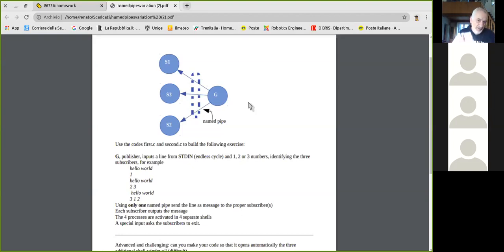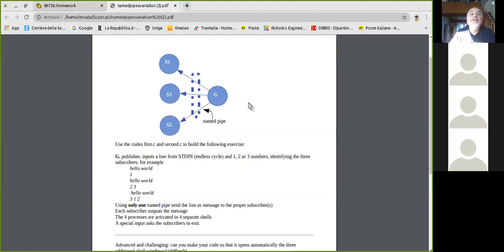In this simple case, probably the straightest way is just to provide 3 different pipes, of course, but we want to simulate a dynamic environment in which sometimes a subscriber wants to establish the communication channel.